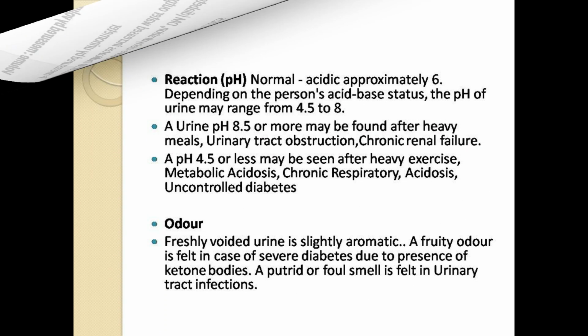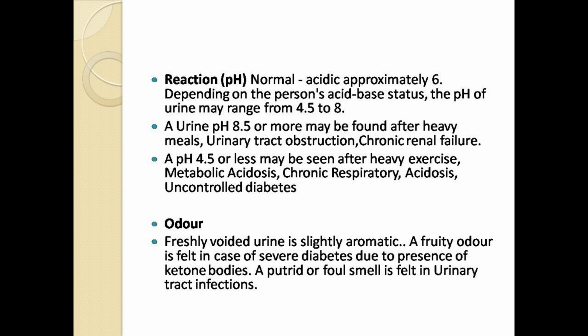Next comes the pH of urine. The normal urine is acidic and it is approximately 6. Depending on the person's acid base status, the pH of urine may range from 4.5 to 8. A urine pH of 8.5 or more can be found when the patient is on a heavy meal or there is a urinary tract obstruction or chronic renal failure.